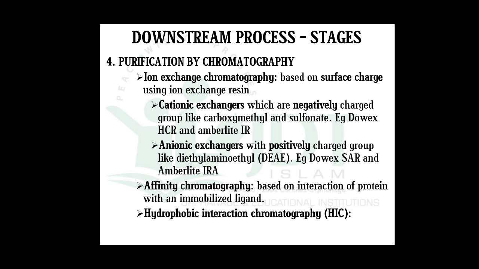Anionic exchange resins can be used for ion exchange chromatography. And also affinity chromatography, based on the interaction of protein with an immobilized ligand, is used for purification. And also hydrophobic interaction chromatography is used for the purification of the end product.